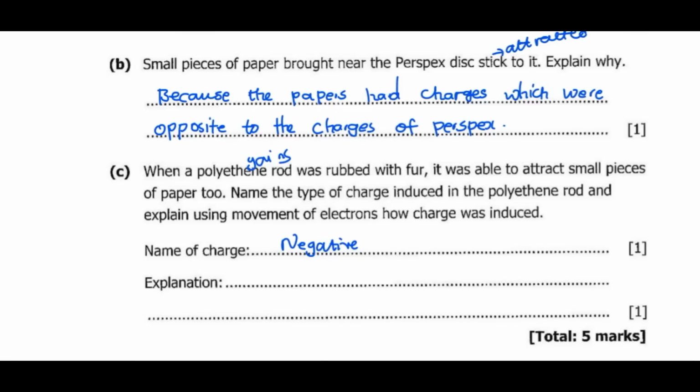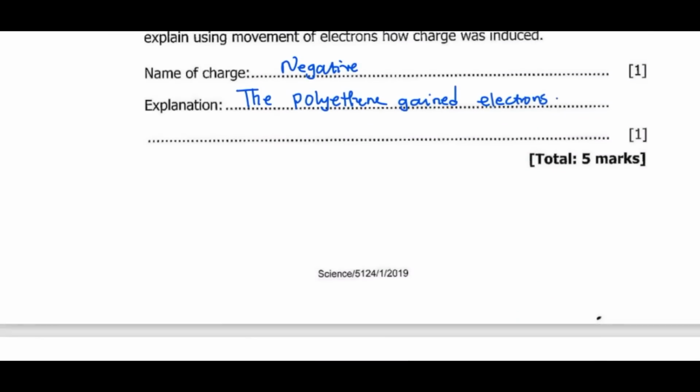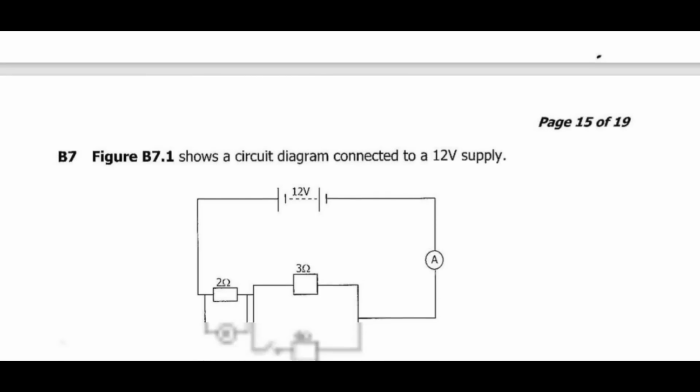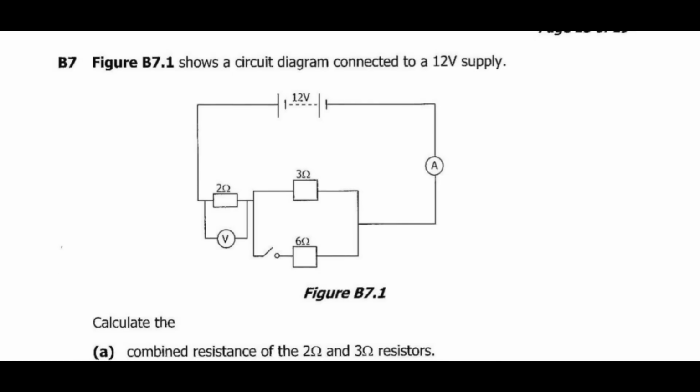So explanation: the polyethylene gained electrons. So gained electrons, as a result it forms negative charge. Then we have this question.